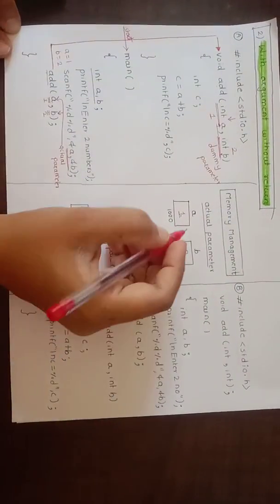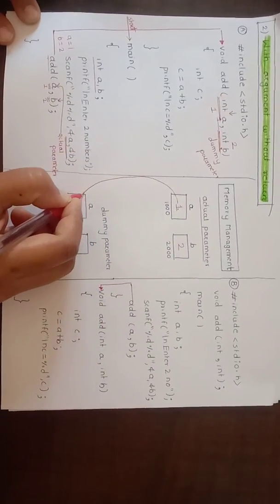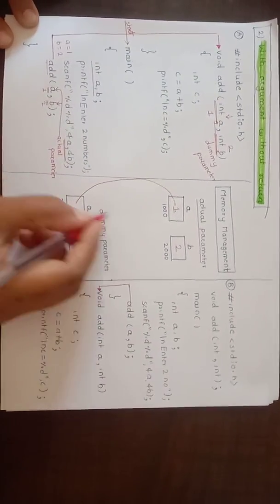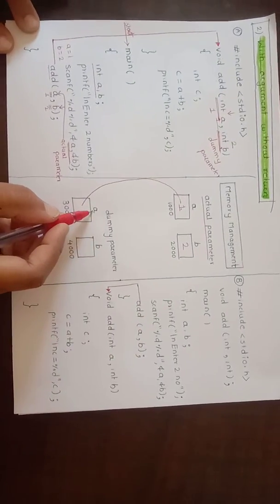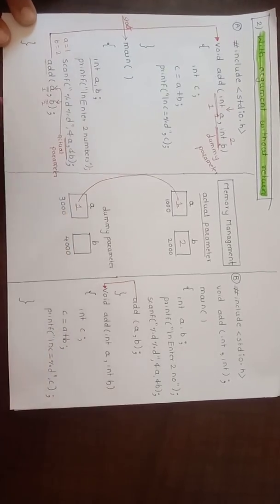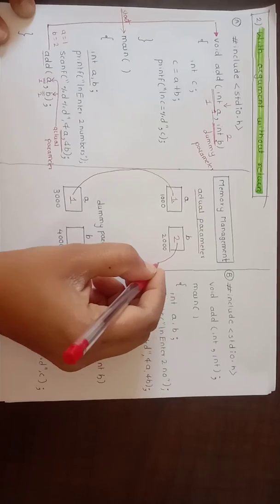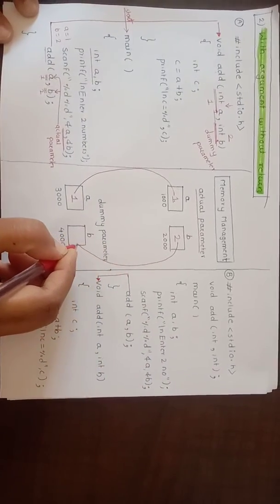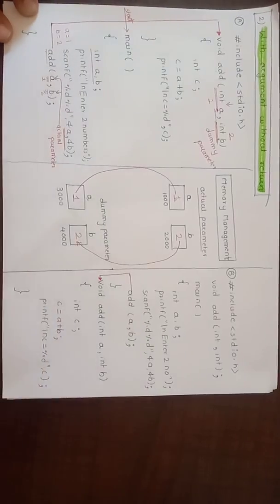So if I draw this diagram, if you observe here, the actual a value is 1, that is received by dummy parameter a and initialized with the same 1. Similarly, the actual parameter b is received by dummy parameter b and initialized with value 2.